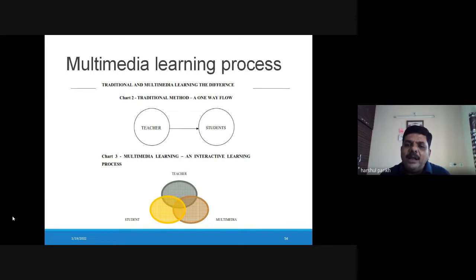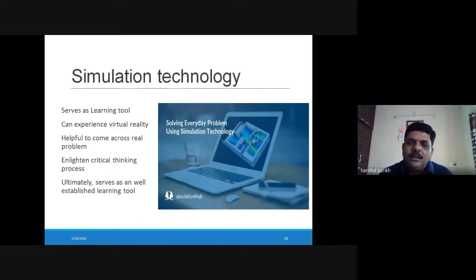Definitely, multimedia learning is a more interactive learning process where teacher and student interact more. As we discussed, a remote lab is nothing but a simulation technology learning tool.